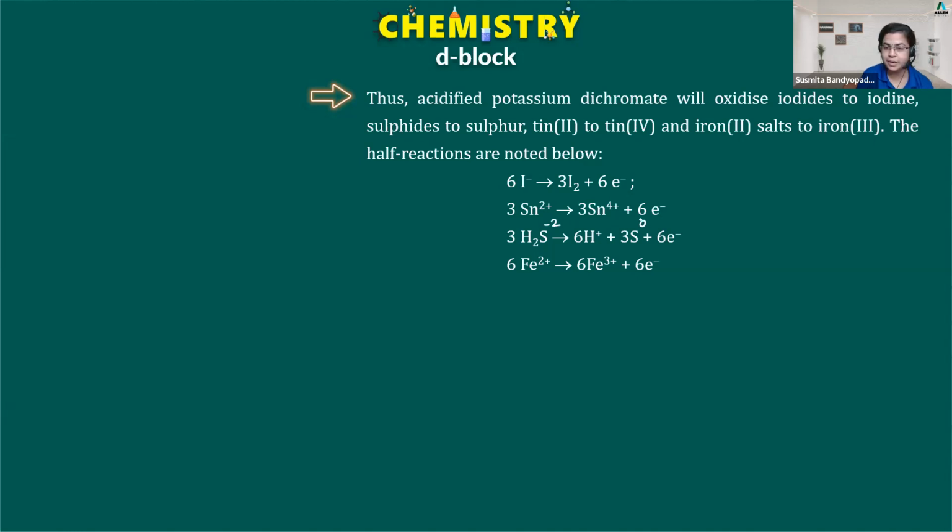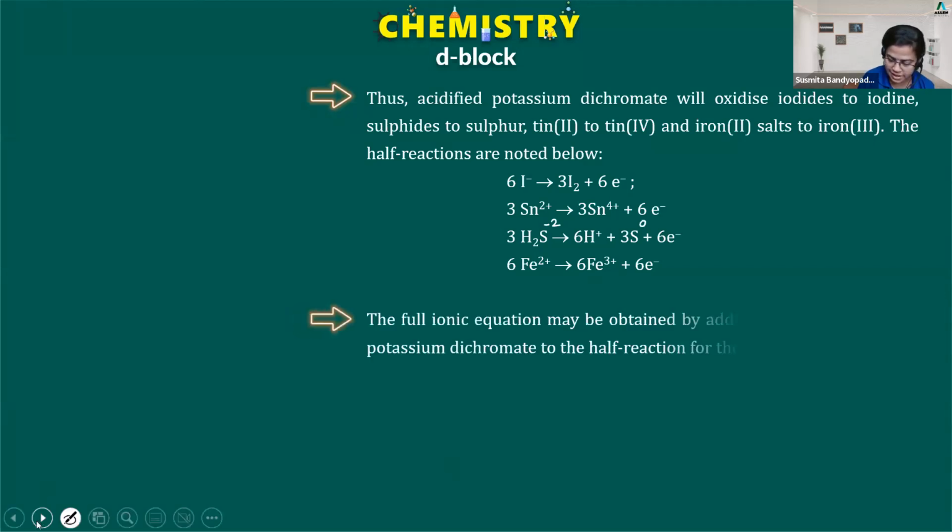It's basically bringing about oxidation of the other species, and oxidation involves loss of electrons. So these are the cases where K2Cr2O7, maybe some more are also there, acts as an oxidizing agent.